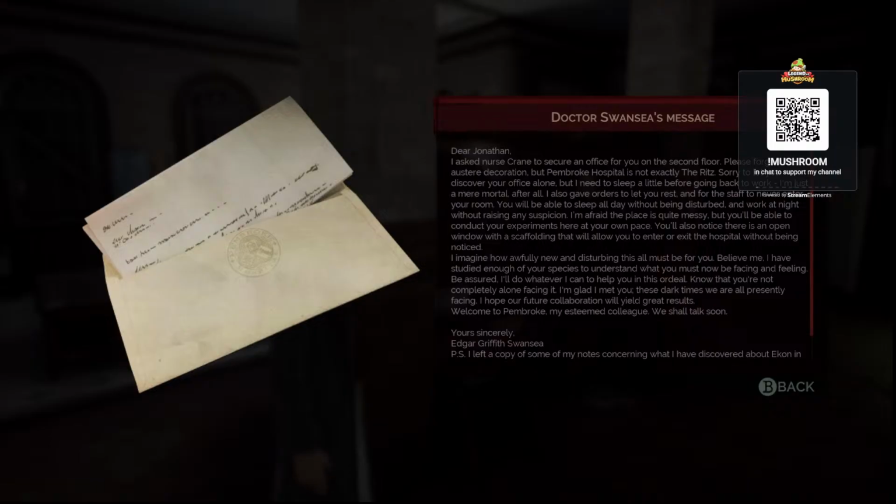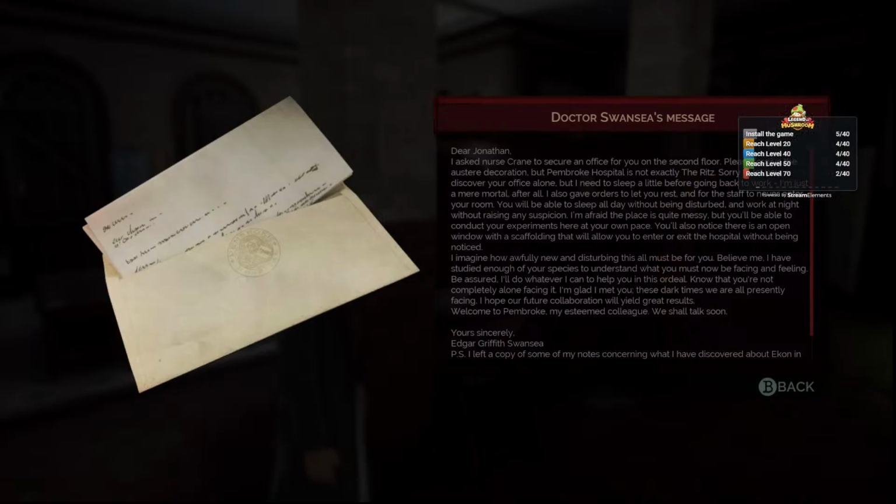Dear Jonathan, I asked Nurse Crane to secure an office for you on the second floor. Please forgive the austere decoration, but Pembroke Hospital is not exactly the Ritz.